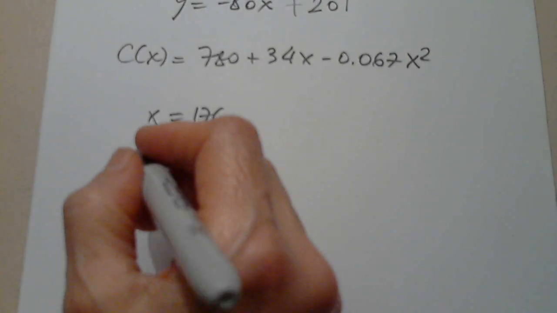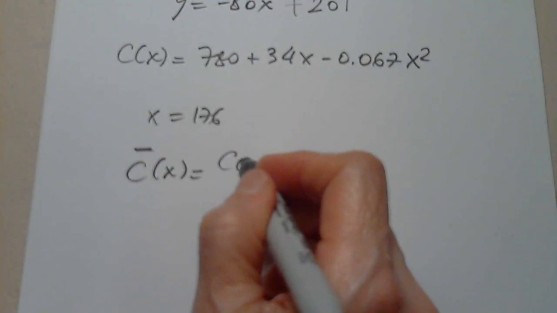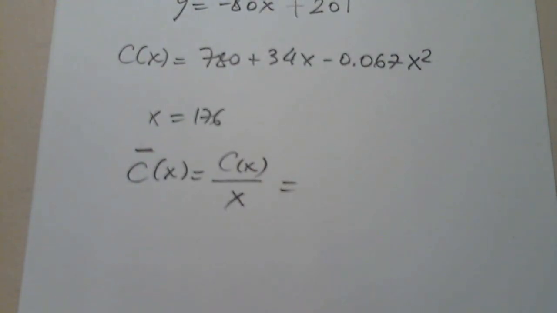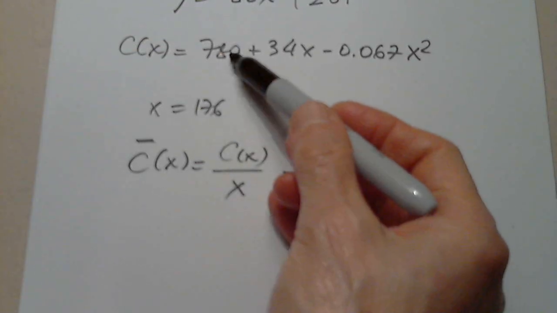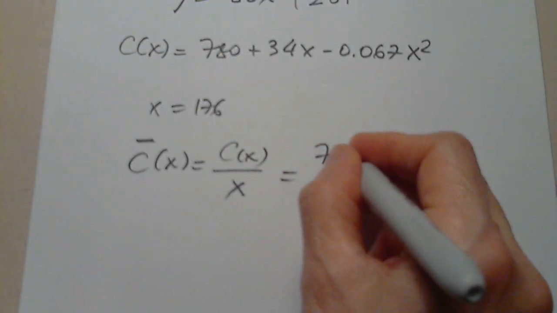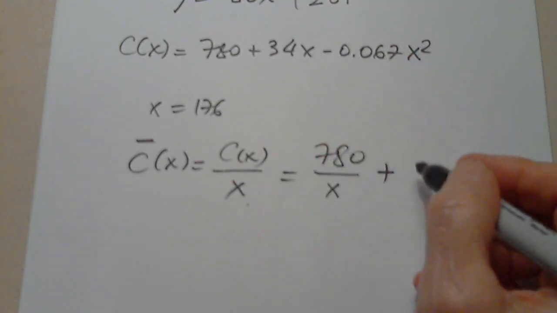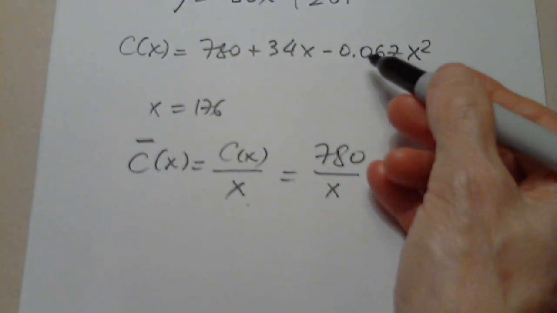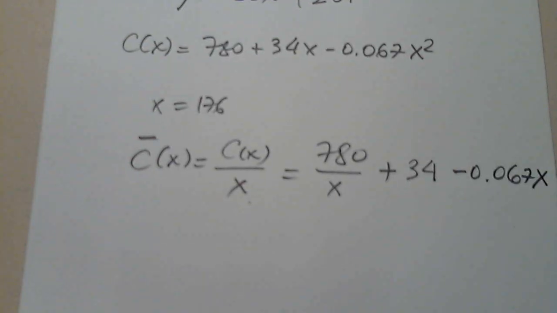So remember, it's that symbol, which is basically C of x divided by x. So 780 divided by x is simply 780 divided by x. 34 divided by x is 34. And this, negative 0.067x.